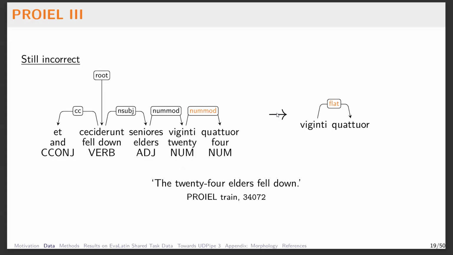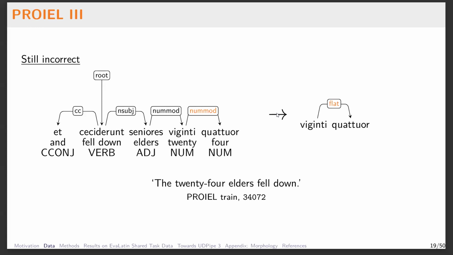However, there are still issues and constructions that haven't been dealt with. For example, numerals. On the left, you have the current tree in Broil, and on the right, you have a zoomed in tree of how it's supposed to look like. So in a case like "viginti quatuor", 24, quatuor is supposed to be attached as flat to the first number.